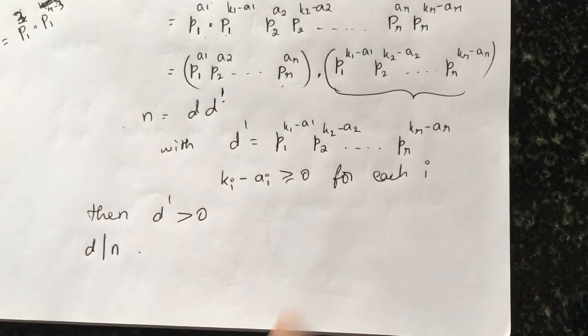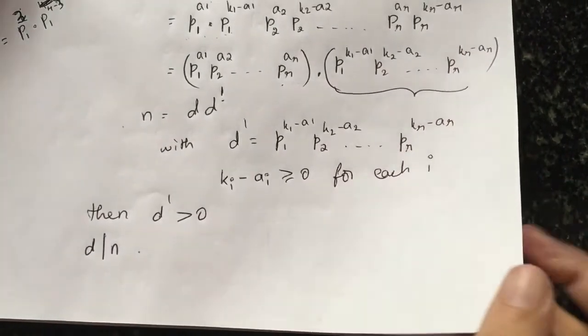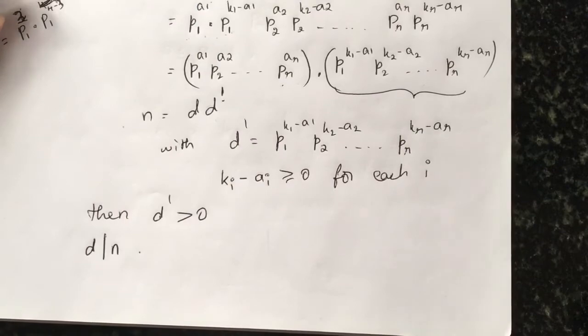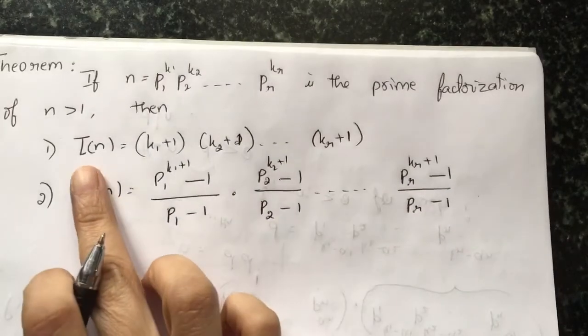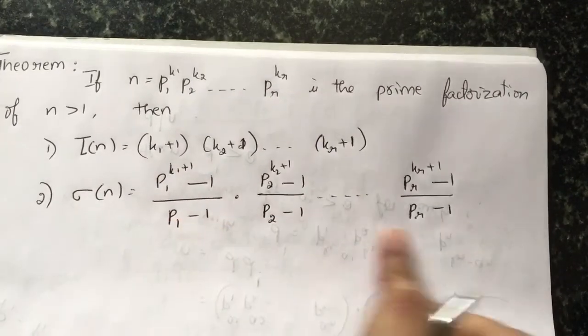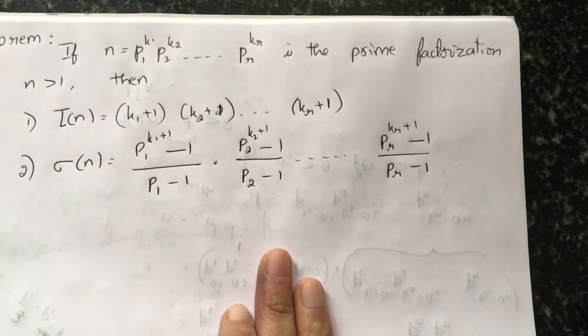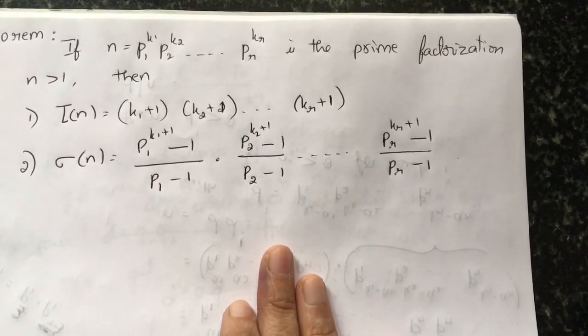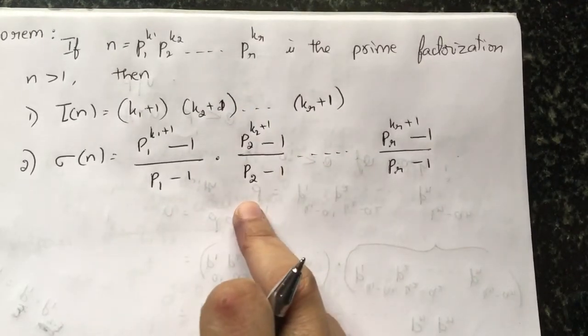So this helps in proving the formula for calculating tau of n. This is the formula for calculating tau of n and sigma n if n is written in terms of product of prime factorization. So we'll prove these two formulas.